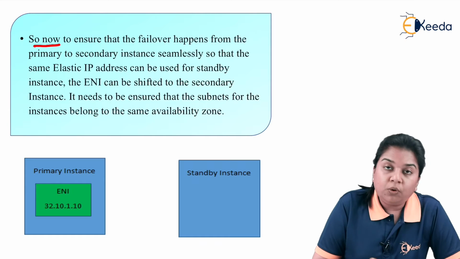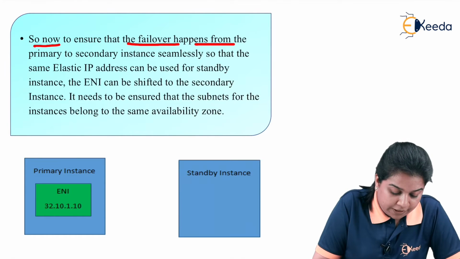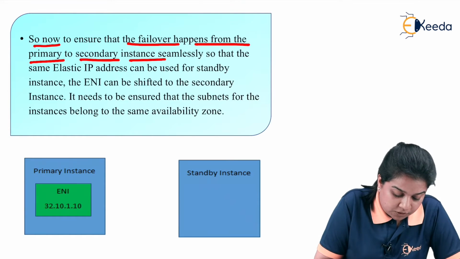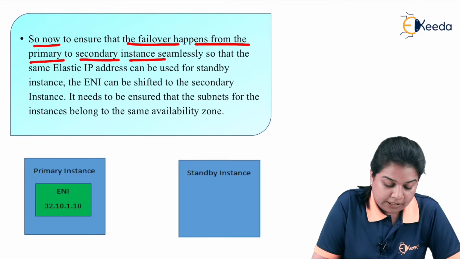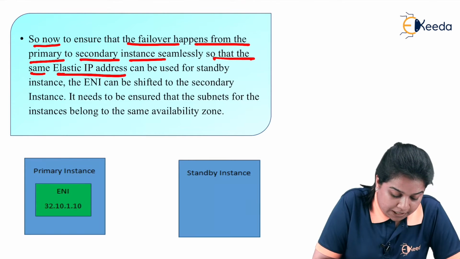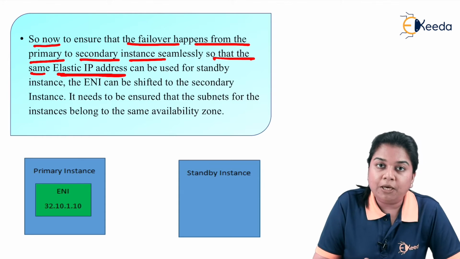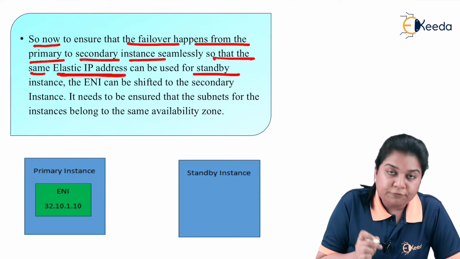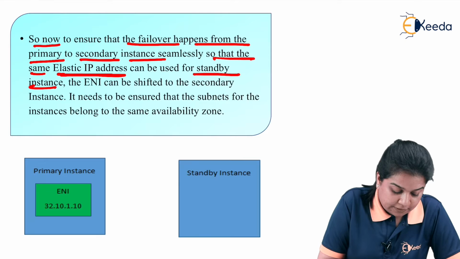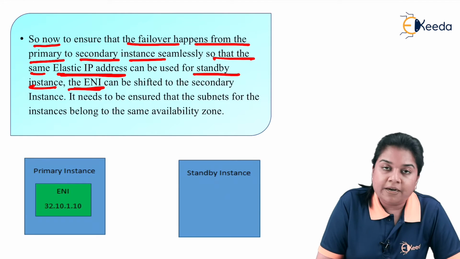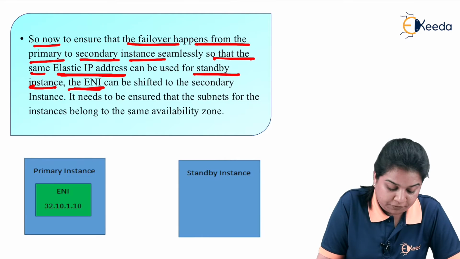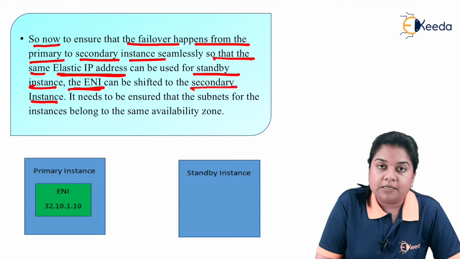To ensure that the failover happens from the primary to the secondary instance seamlessly, so that the same elastic IP address can be used for the standby instance, the elastic network interface can be shifted to the secondary instance.